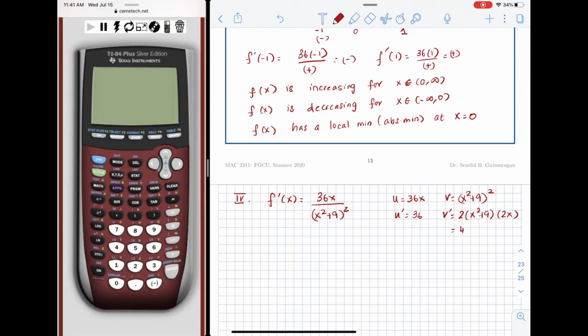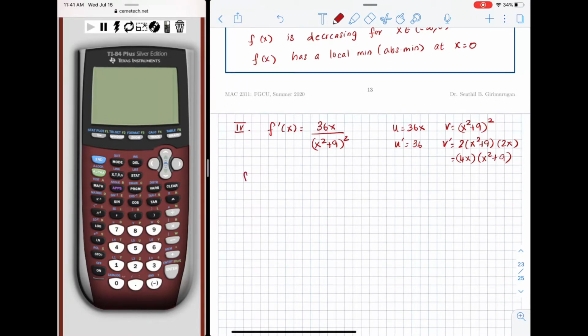I use chain rule and power rule, and that's what I would have. Now, f double prime of x is v u prime minus u v prime, divided by v squared, which is (x squared plus 9) squared, squared again.